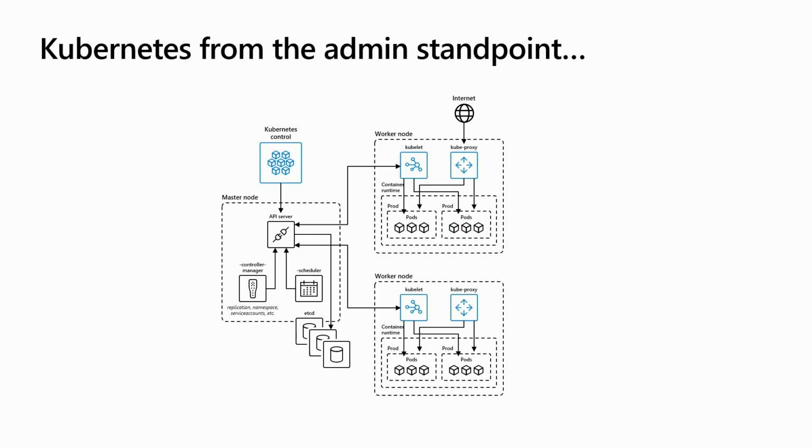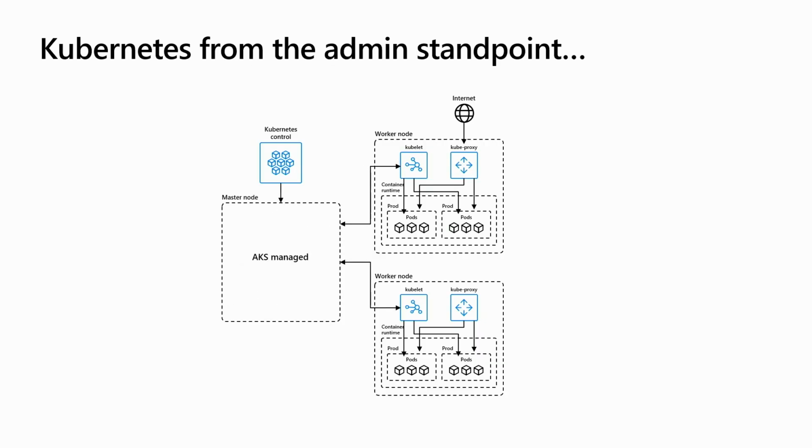Now, one of the things you might want to consider is running on AKS, because AKS takes the management of that infrastructure a little bit out of your hands, and we manage that for you. So it's much easier to get started with Kubernetes when you have a managed Kubernetes system. So the master node and some of the components in the worker node, it's Microsoft responsibility.